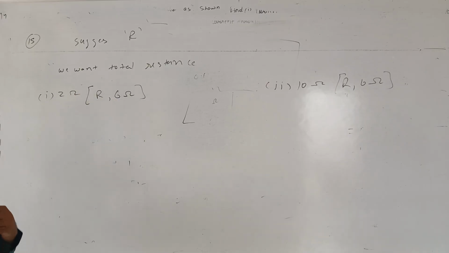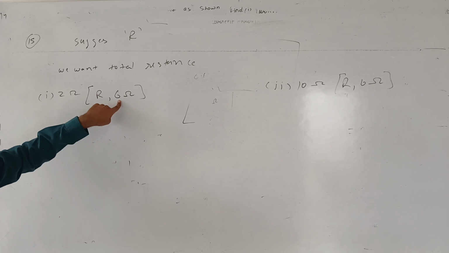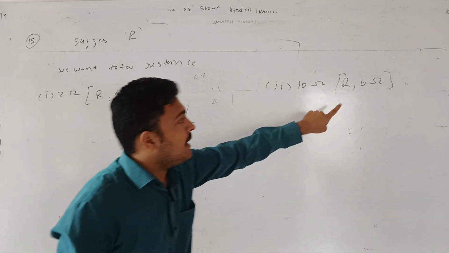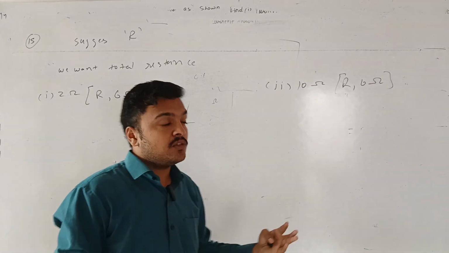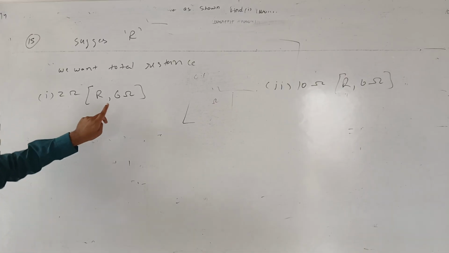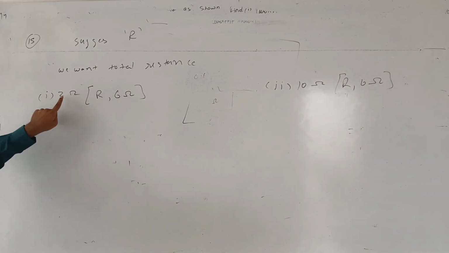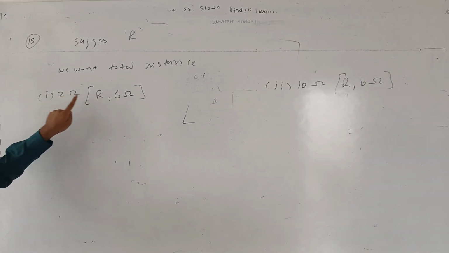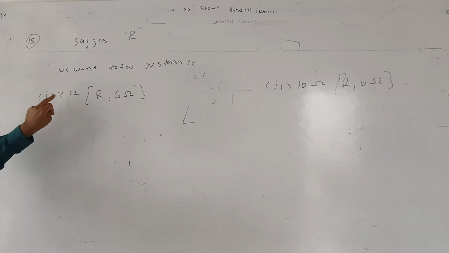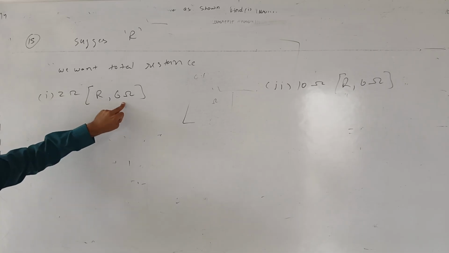Now what is the method? We have to find whether R and 6 will be in series or parallel. Here also we have to find whether R and 6 will be in series or parallel. Now we see the resistance is 6 and this resistance is 2. It means the resultant is less than the 6 ohm resistance.